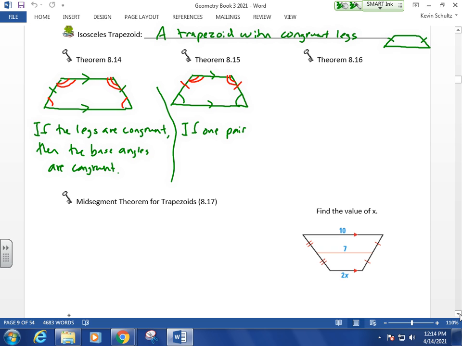If one pair of base angles is congruent, then the legs are congruent, which means the trapezoid is isosceles.